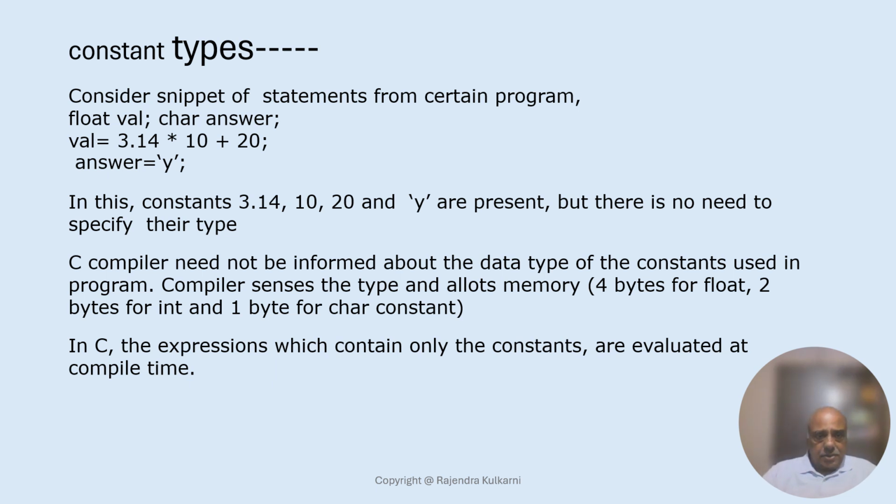Now, in val is equal to 3.14 into 10 plus 20, this expression contains only constants. So this expression will be evaluated at the time of compilation, and the value will get associated with the variable called val.